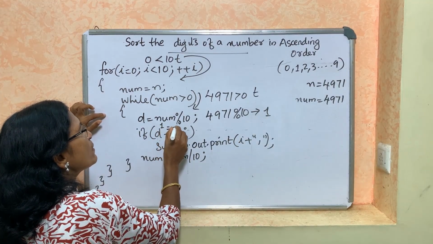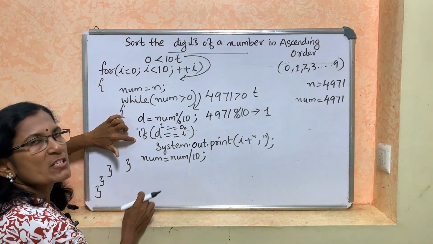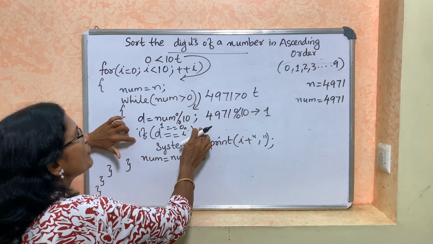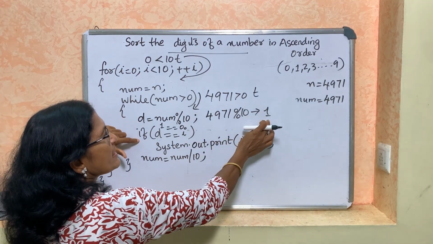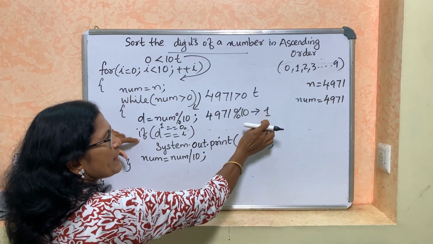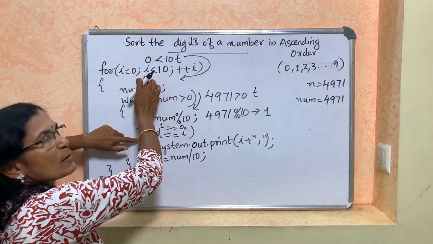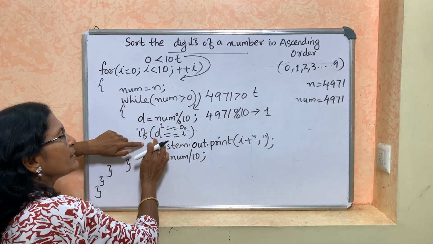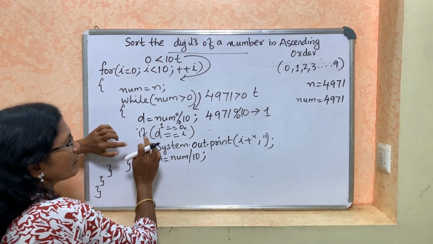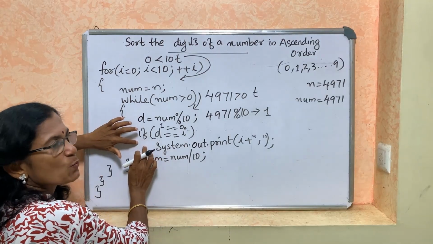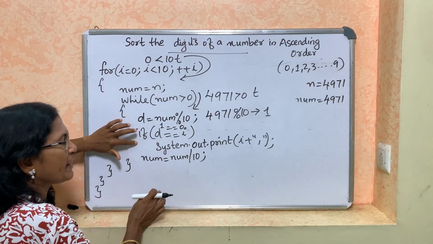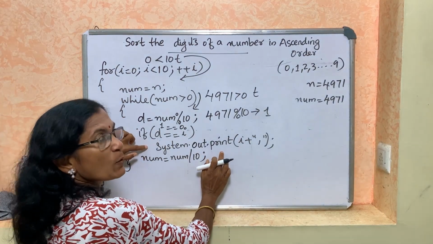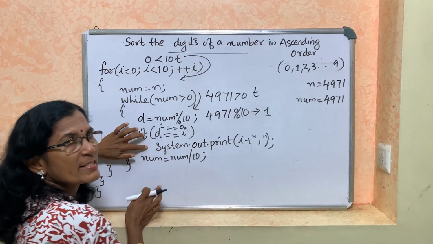So 1 is equal to 0. Test expression is evaluated to false. If the extracted digit is equal to the value of i, print either d or i. As the extracted digit is 1, it's not equal to the value of i, so the statement System.out.print(i) will not be executed.